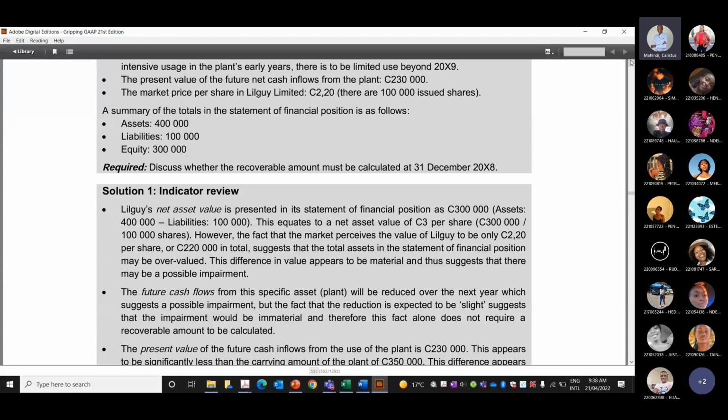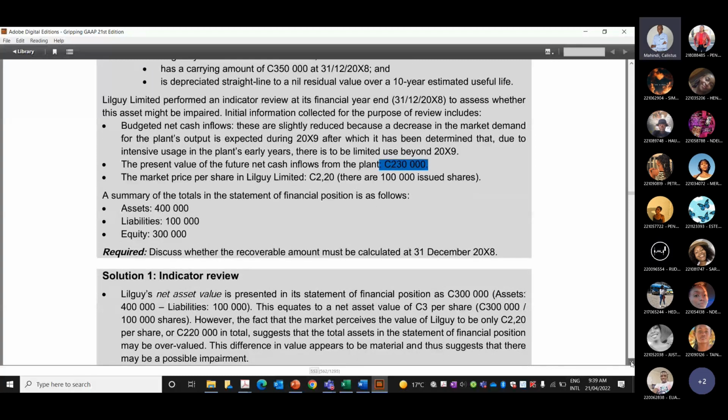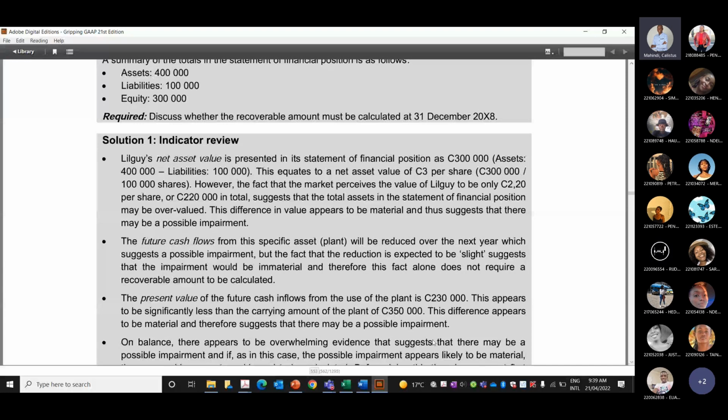The present value of future cash flows from the use of the plant is 230,000. This appears to be significantly less than the carrying amount of the plant of 350,000. The difference appears to be material and therefore suggests that there may be an impairment.